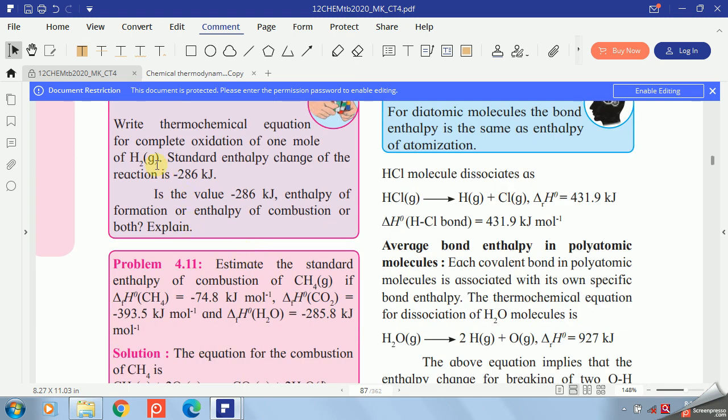Write the thermochemical equation for complete oxidation of 1 mole of hydrogen. The standard enthalpy change of that reaction is minus 286. So what is that? 2H2 plus O2 gives 2H2O, and the standard enthalpy is minus 286.